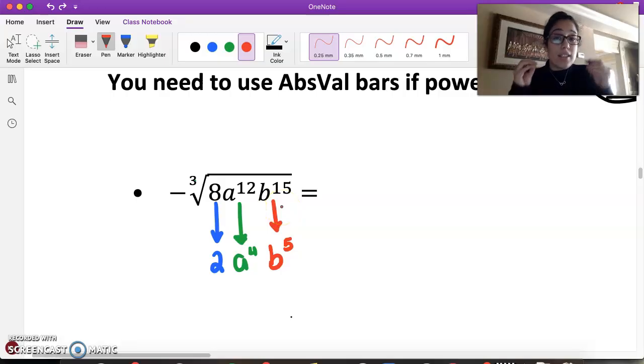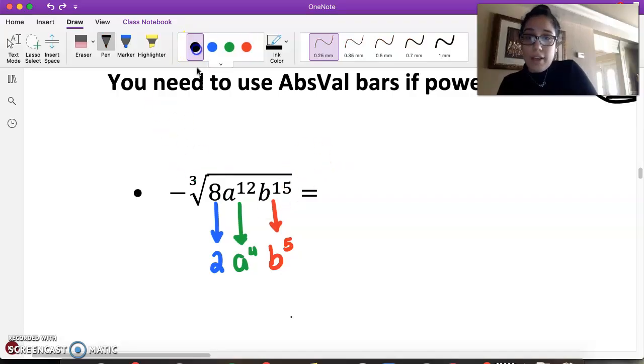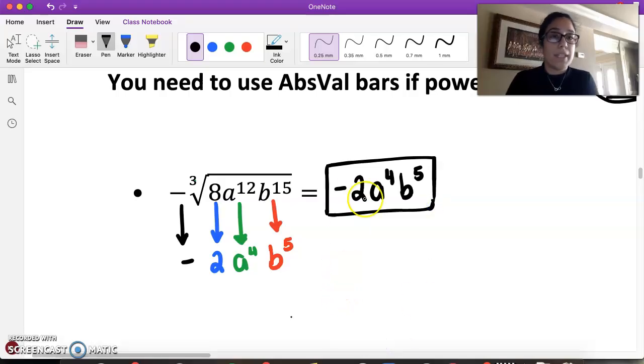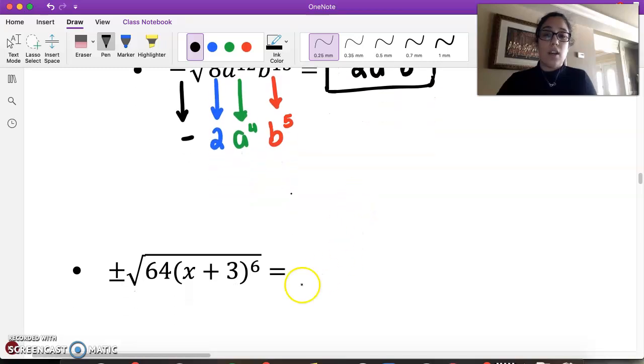The question is, did any of them go from even to odd power? No. So no absolute value bars. This just comes down, just going along for the ride. So my final answer is -2, a to the 4th, b to the 5th. And you're done.